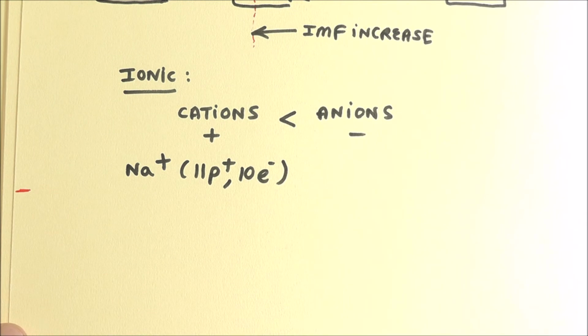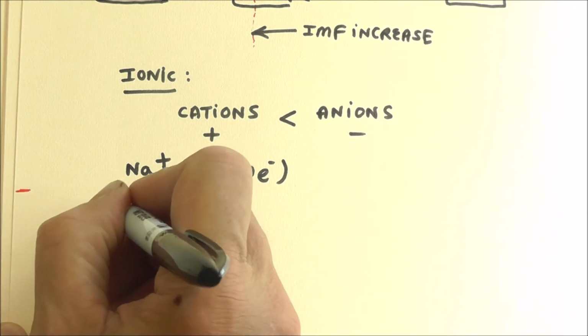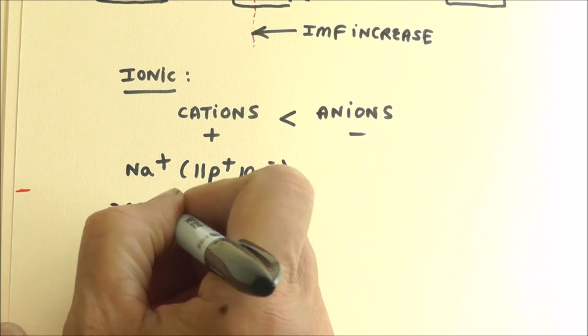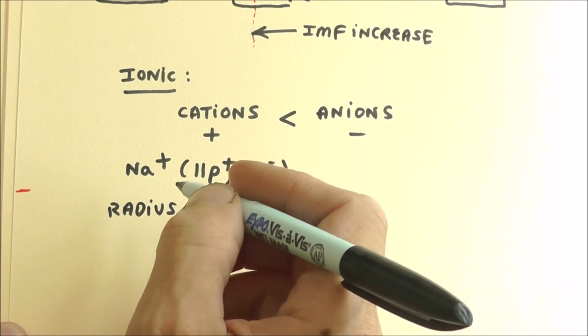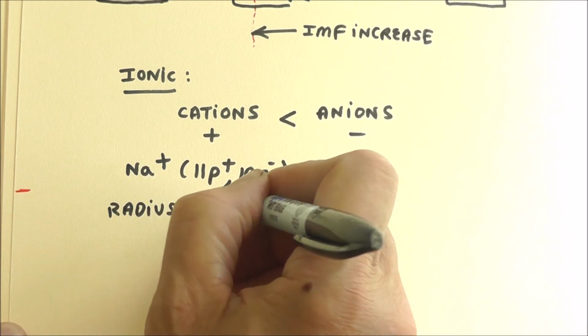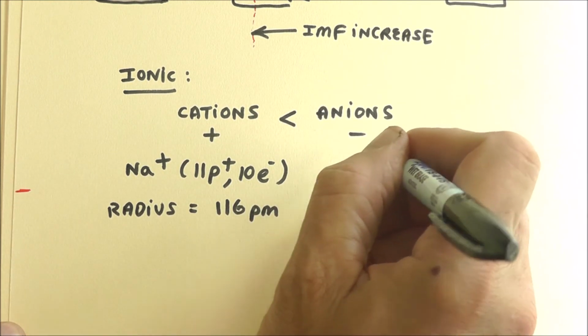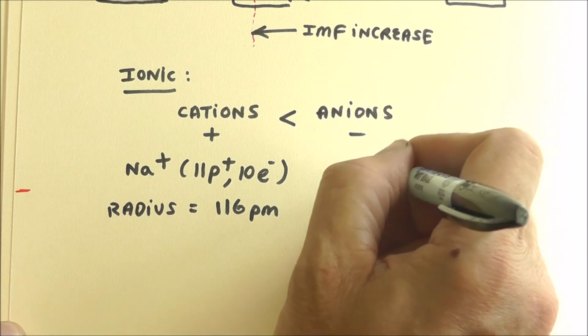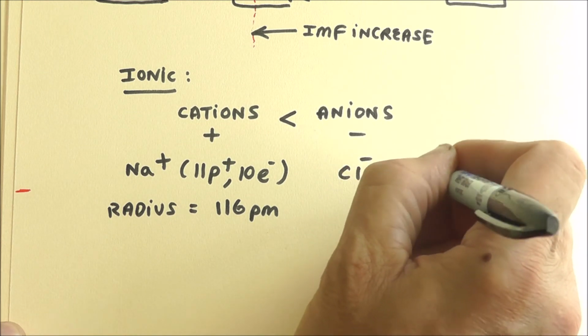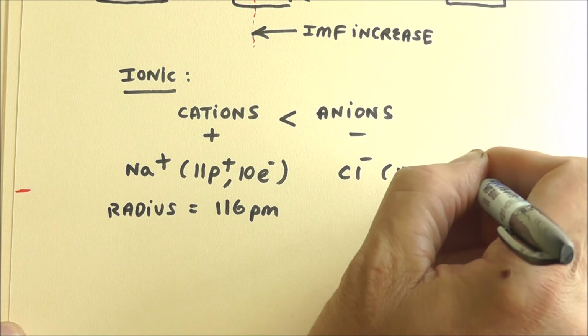And that would have a radius, and I looked this up, 116 picometers. If you were to take something like chloride, that would have 17 protons and 18 electrons.